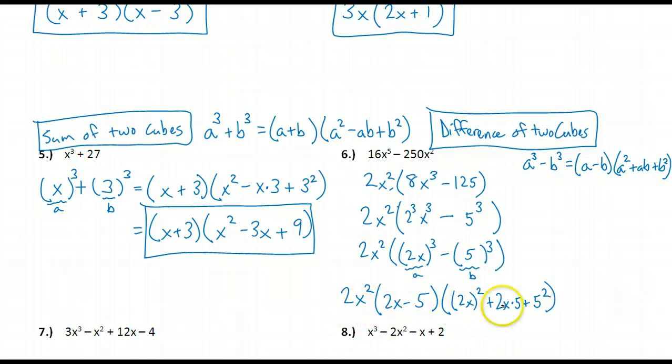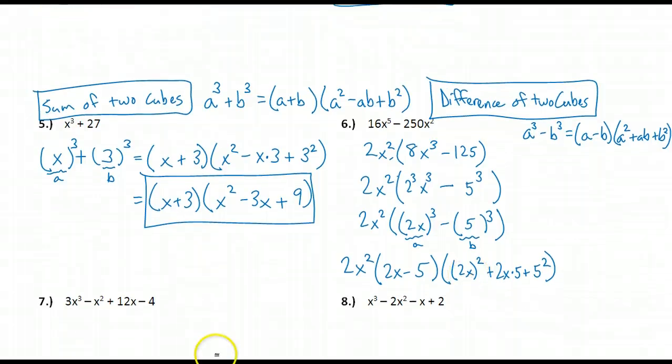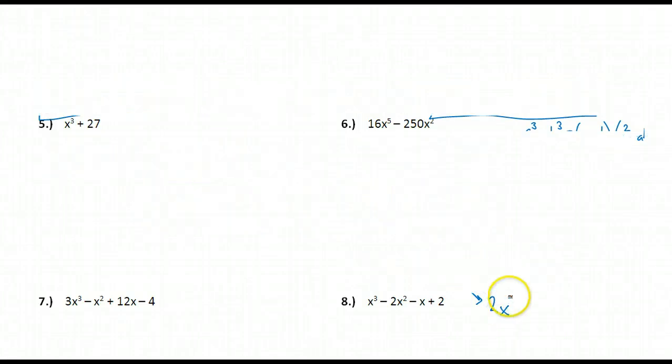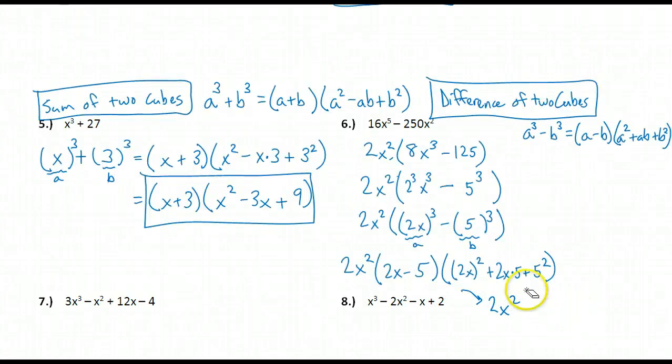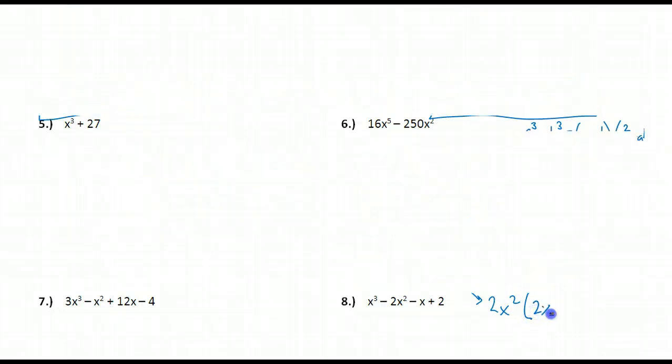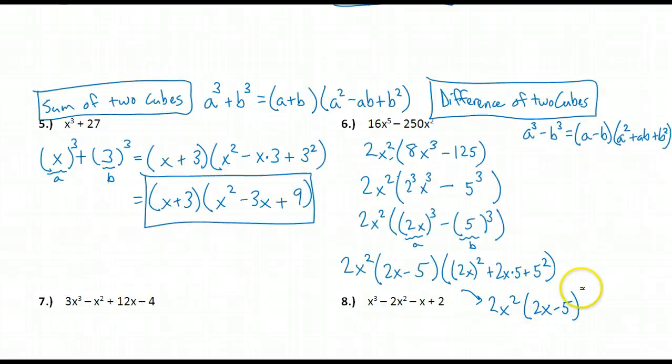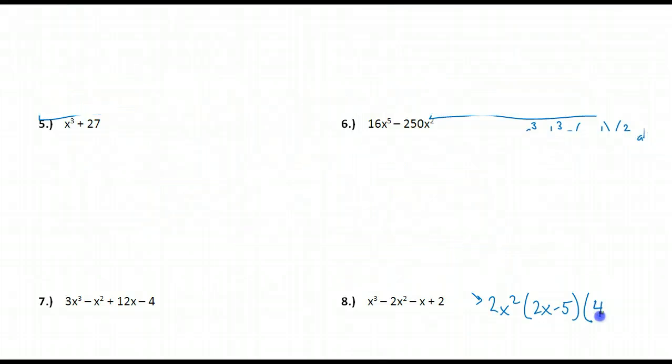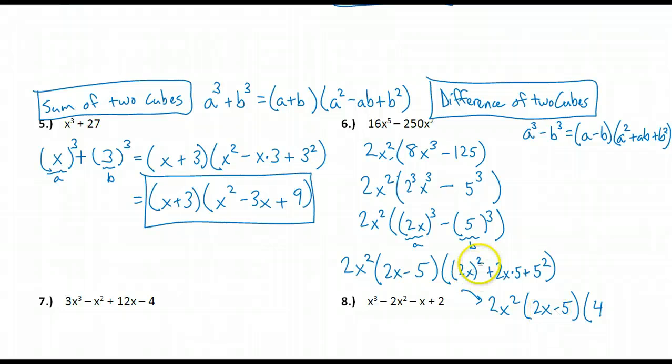Now I need to simplify this part. I'm going to write my answer over here so I have a little more room. 2x squared times 2x minus 5 times 2x squared is going to be 2 squared, 4, times x squared.